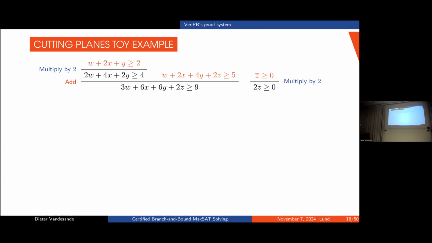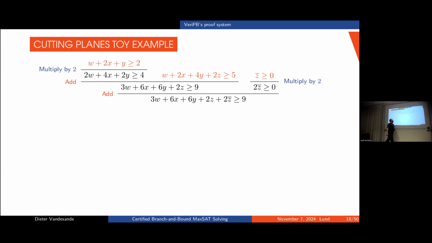So we have a constraint, and we can multiply it by 2, where we multiply all of the coefficients and the right-hand side by 2. We have another constraint, we can add it up. Now we can derive the literal axiom that not C is greater than or equal to 0, which we can again multiply by 2. And then we can add it up. But then something happens. That is because 2Z plus 2 not C can actually be rewritten as 2. Because if Z is true, then I will have value 2 right over here.